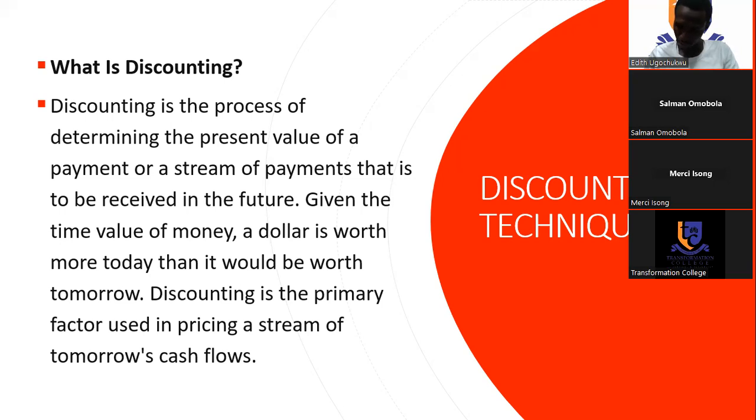Draw a table, like a line. Put cash inflow. These cash inflows are future values, future sums. They are amounts I project that I want to realize in the future from any investment I am making currently.